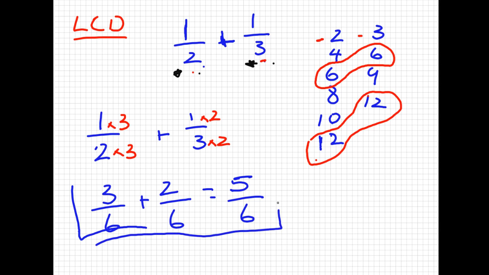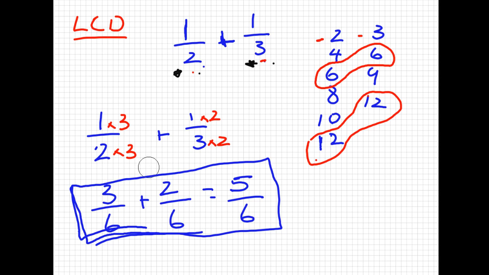Now when you're adding fractions, if you can't work out a lowest common denominator, then what you can do is just times the bottom two numbers together. And that will be the denominator you're going to use. In this case, it just happens that 2 and 3 multiplied together equals 6, which was the lowest common denominator.